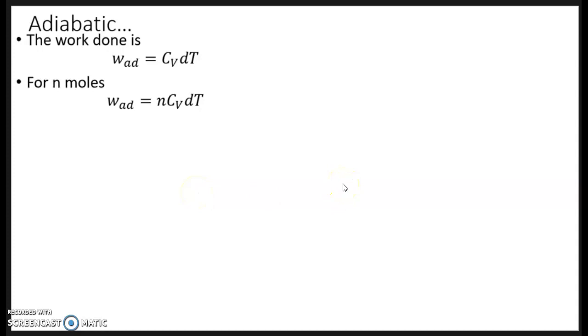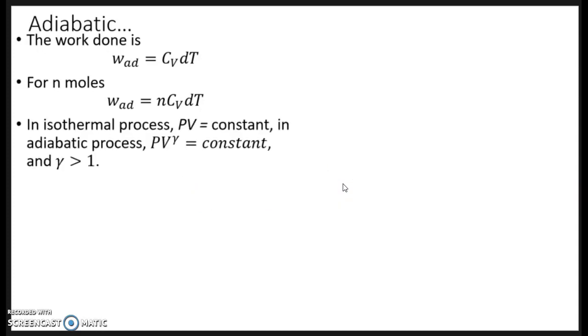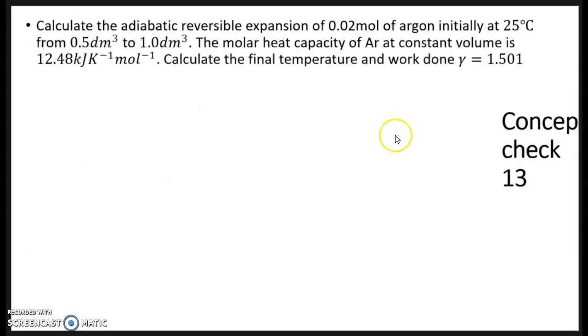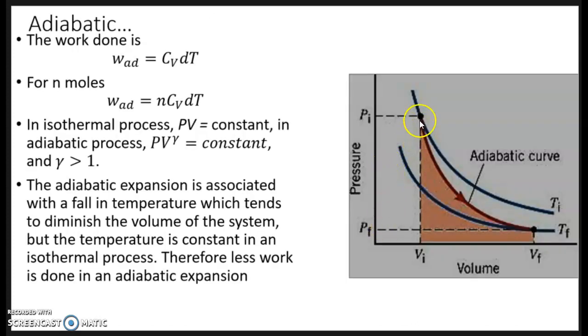The major thing about adiabatic processes as compared to isothermal processes is that adiabatic expansion is always associated with a fall in temperature, which tends to diminish the volume of the system.